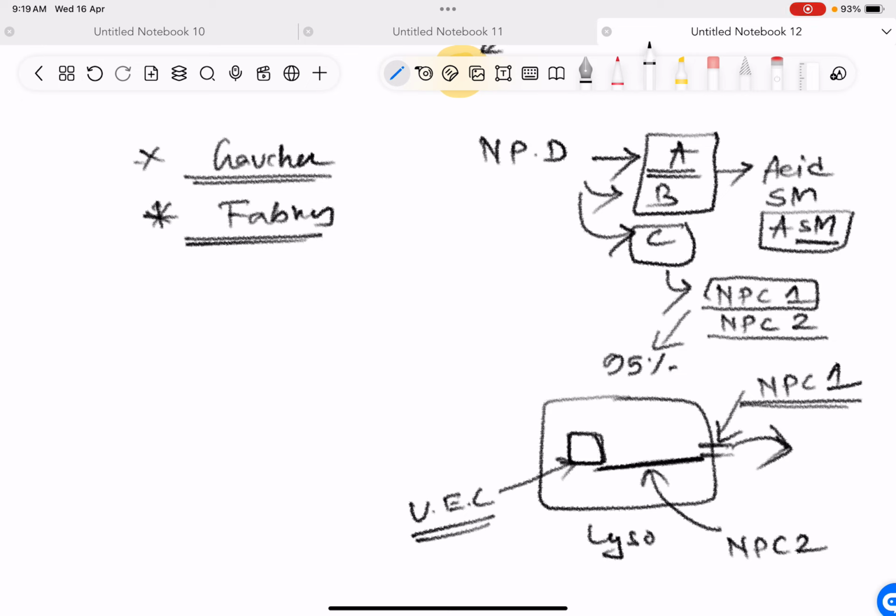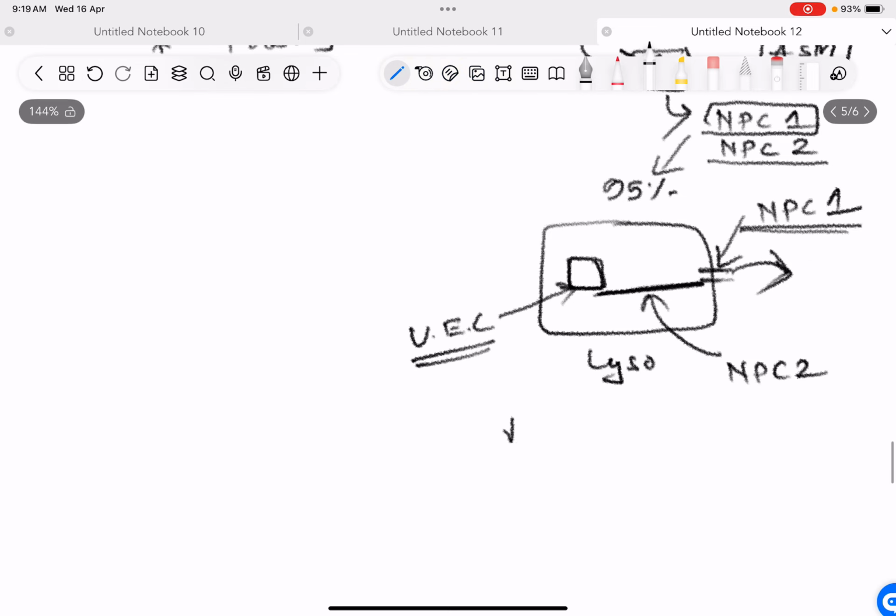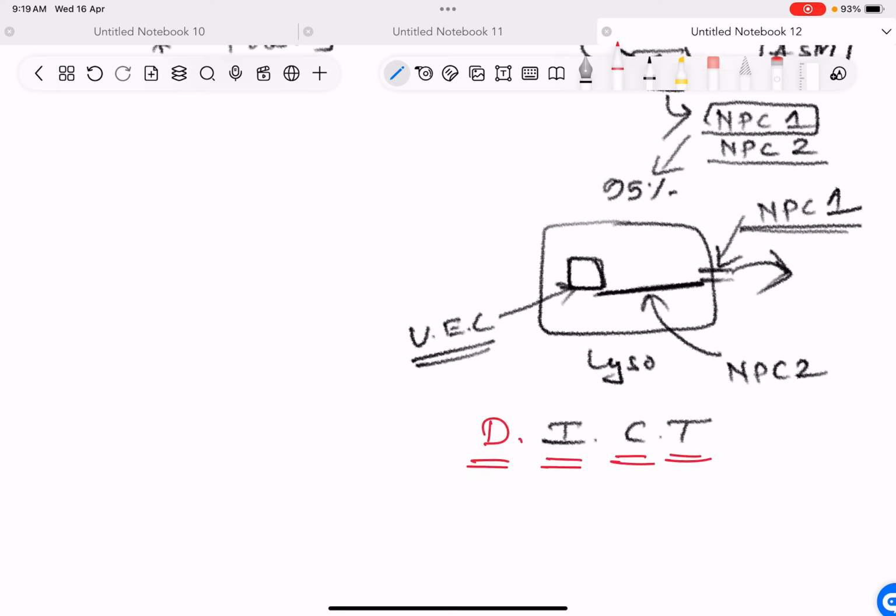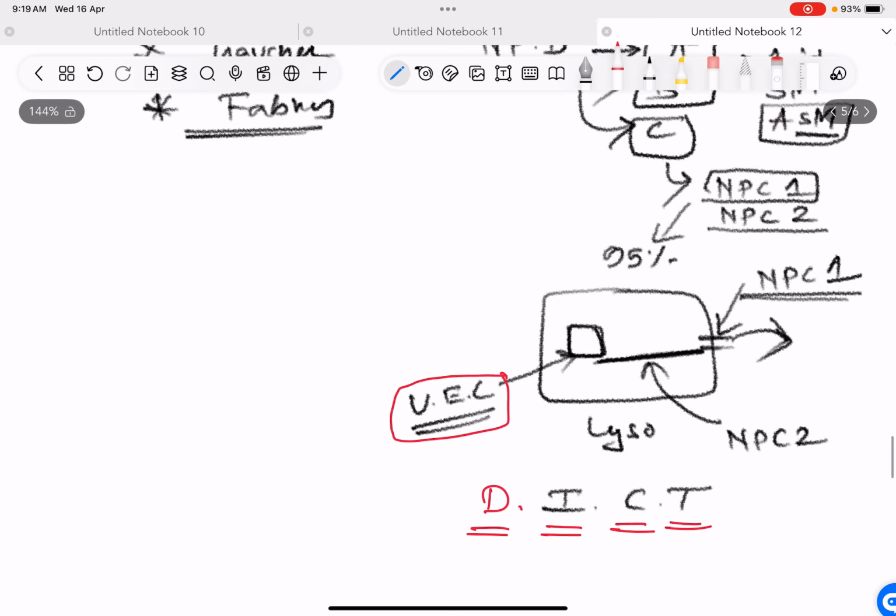Type C is due to the defective gene, which is responsible for defective intracellular cholesterol trafficking. Unesterified cholesterol is not able to be pumped out of the lysosome.